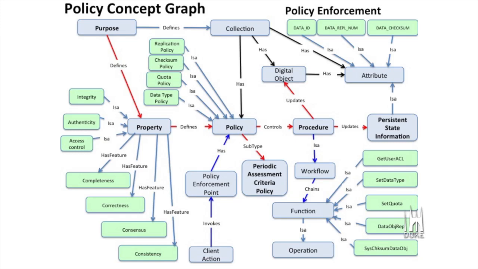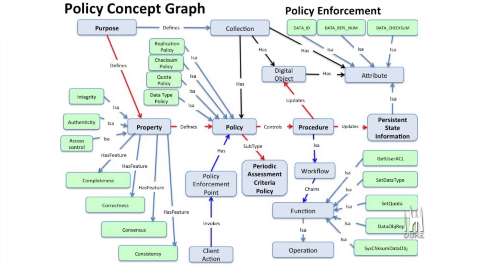So we build a concept graph for the Research Data Alliance. So in this collection, we get to decide what's the arrangement of the digital objects, what attributes are associated with the objects, what attributes are associated with the collection. Typically, a group will define their required purpose and then come up with a set of properties they want their collection to have.